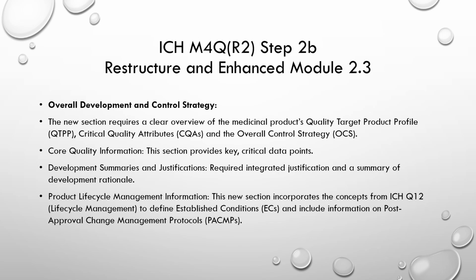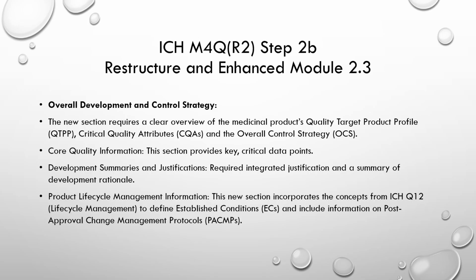So it gives core quality information, key critical data points, and the summary and justification, plus product lifecycle management information. So your lifecycle management, your established conditions, and your post-approval change management protocols are all included in this document. I don't know how it was done before with regards to post-approval change management protocols.